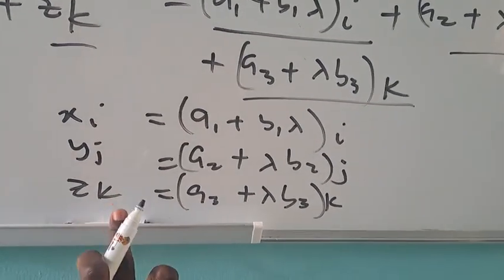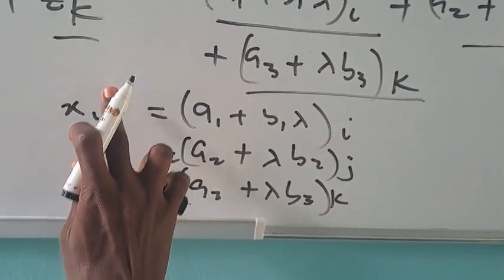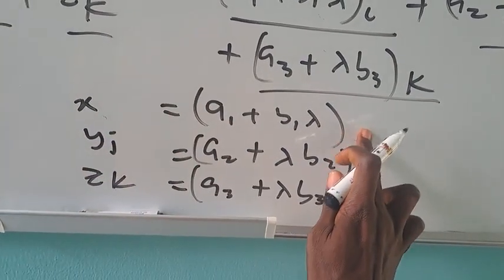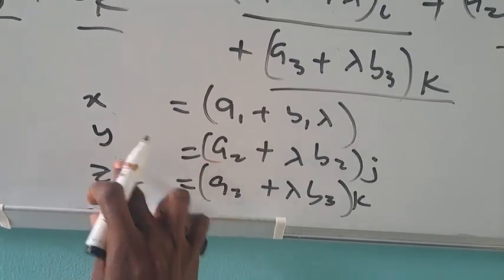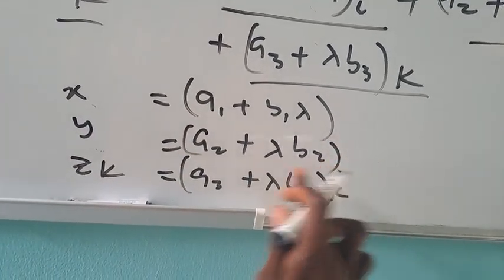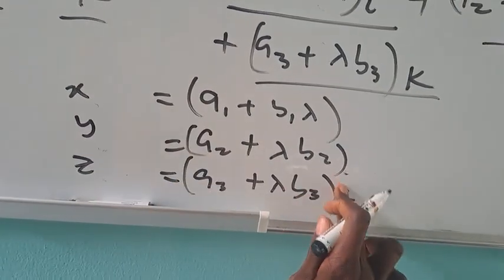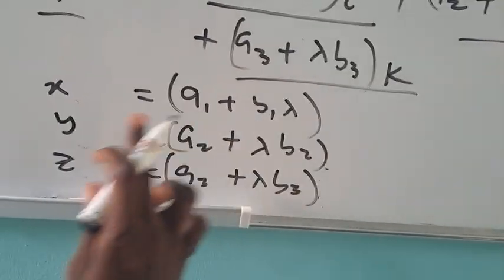So let's eliminate the components. Take off this i, take off this i, take off this j, take off this j, take off this k, take off this k. So we now have this.